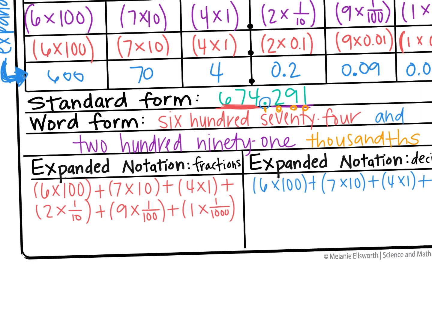Instead of 2 times 1/10 as a fraction, it's 2 times 1/10 as a decimal plus 9 times 100th as a decimal plus 1 times 1,000th as a decimal. Those are the 2 ways you may see expanded notation.